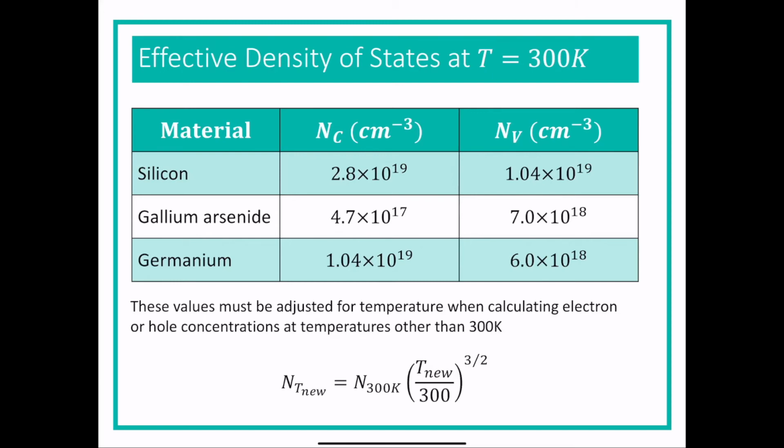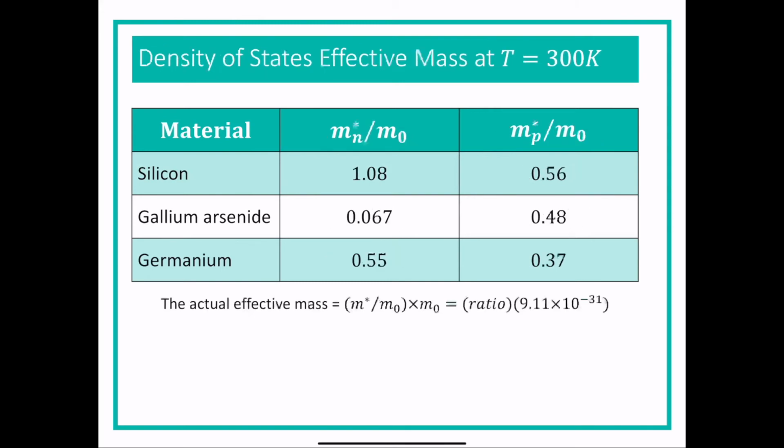There's also a table that gives you the effective mass for different materials, and we've talked about effective mass before. I'm just pointing out again that you can look this stuff up because we will need to talk about it later when we talk about Fermi energy and where it's located. So that is another thing that you have at your disposal.